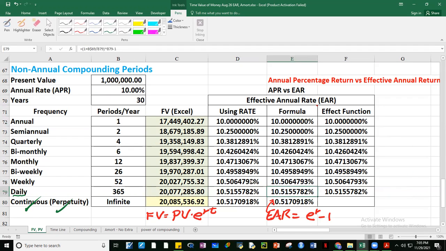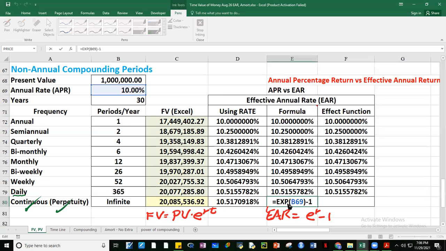No? Parehong-pareho yung answer natin. Okay, the rate function of Excel is of course based on this formula. Okay, of course guys, yung dulo natin ito, ibang formula to. Pag perpetuity, hindi natin pwedeng magamit tong formula na yan. Kasi wala tayong PPY, wala tayong periods per year. Okay, so the formula there is e to the r minus 1.